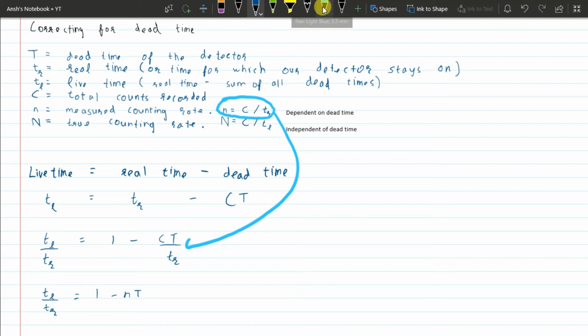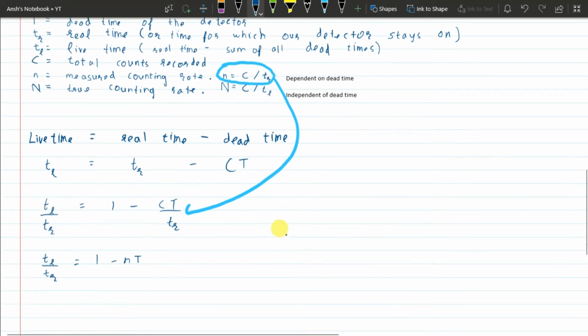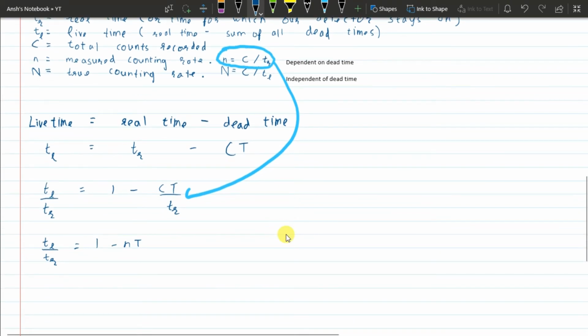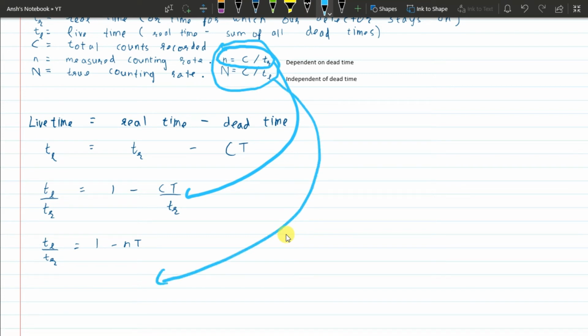I'll write it in the corner right here. We make use of these two terms, and then we note that small n upon capital N. So we divide these two equations.